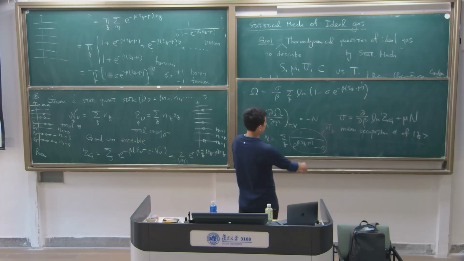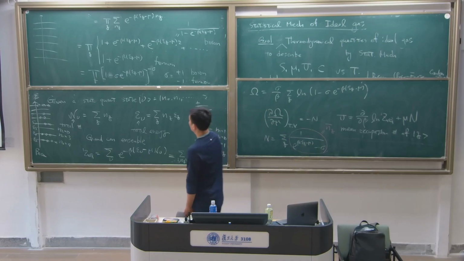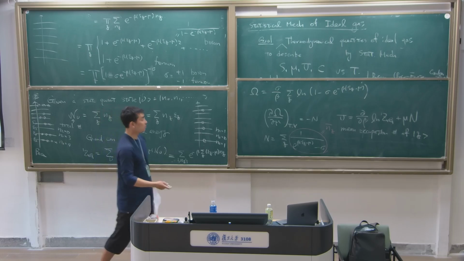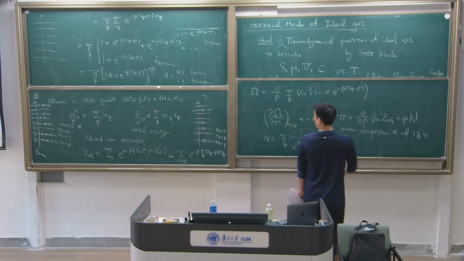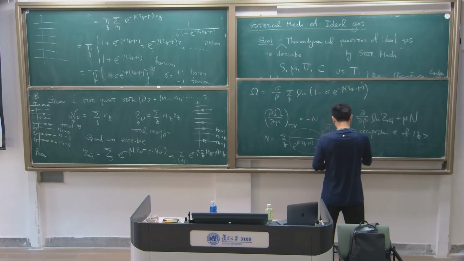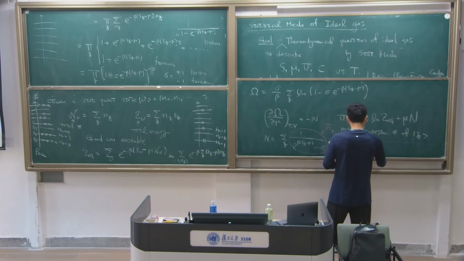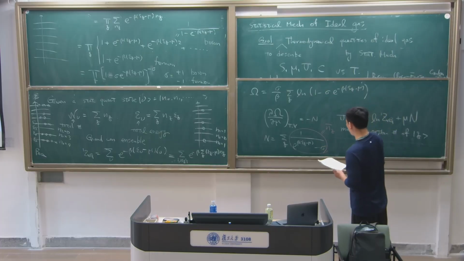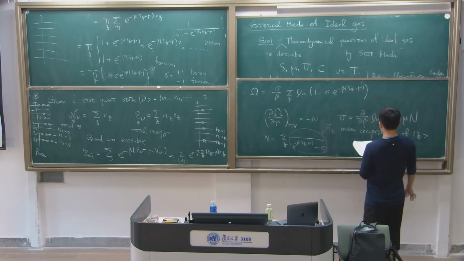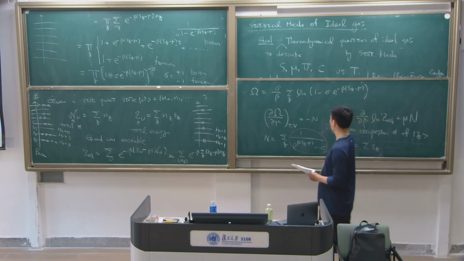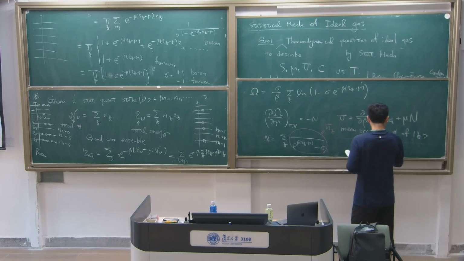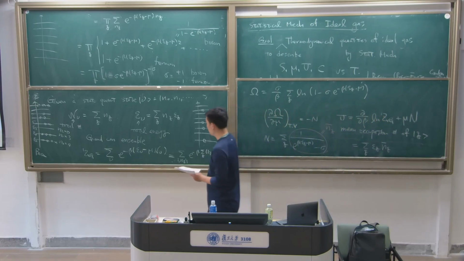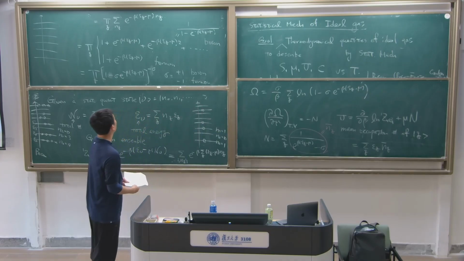Now you can do the same thing for U. The grand potential is given here, so take the derivative with respect to beta. What you get is that U is equal to the sum over q of epsilon_q times the same quantity, n bar_q, arising here.